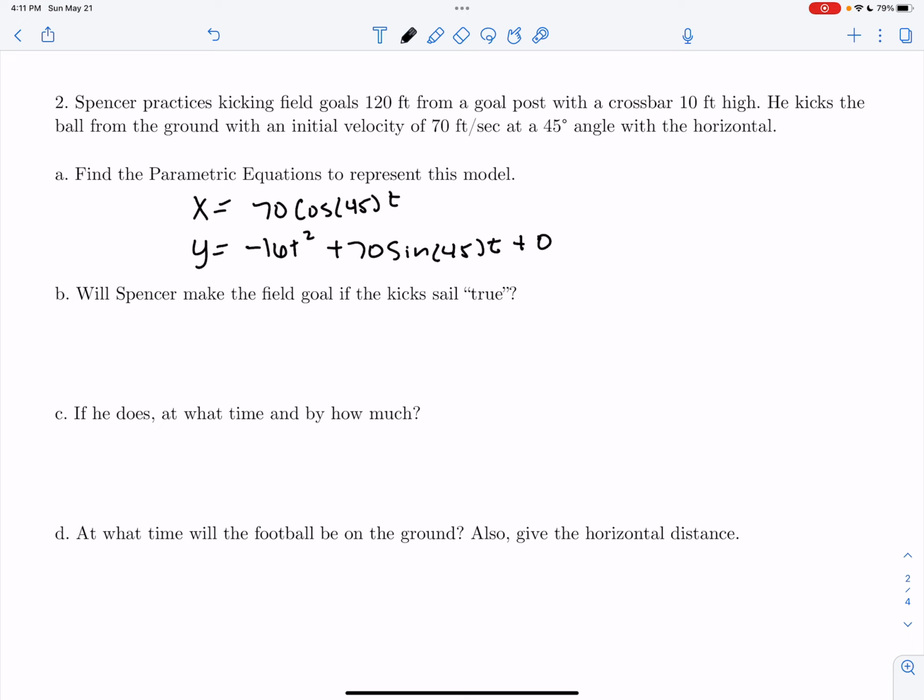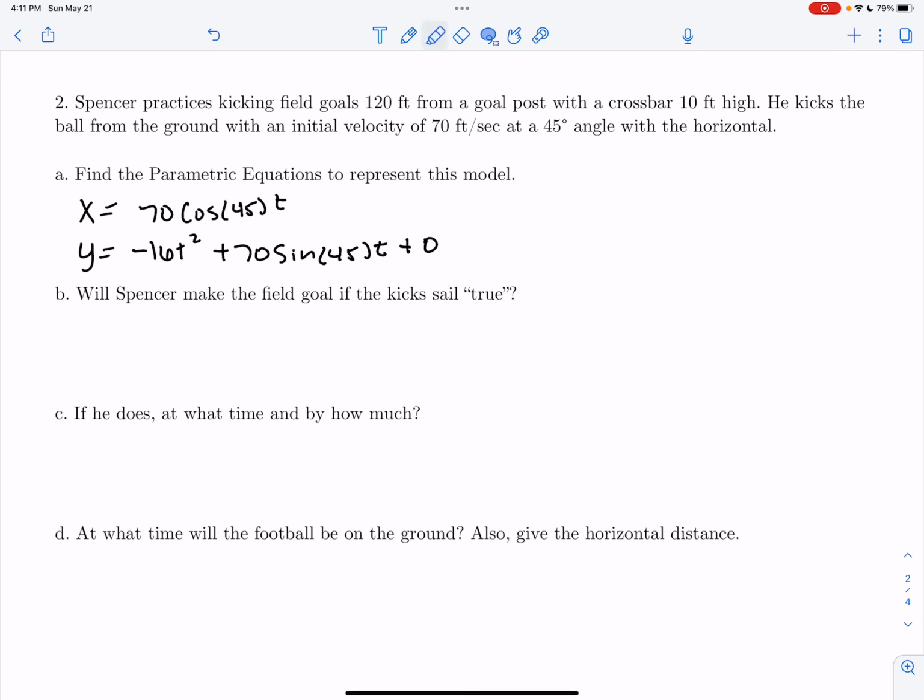And notice how this is just the parametric equation for the kick. We also need to take into account the goalposts. That is 120 feet away with a crossbar of 10 feet high.